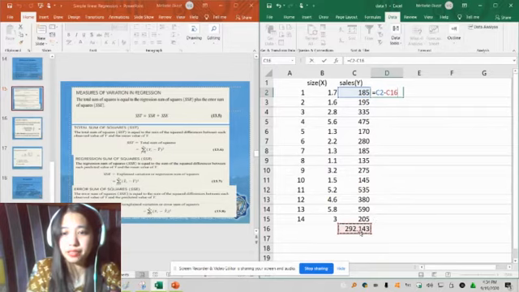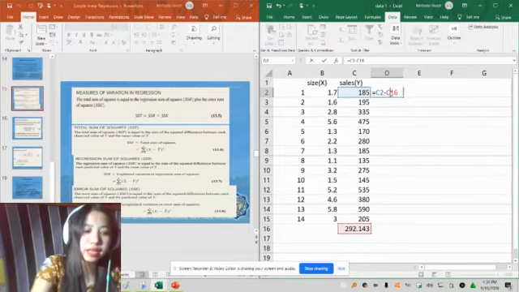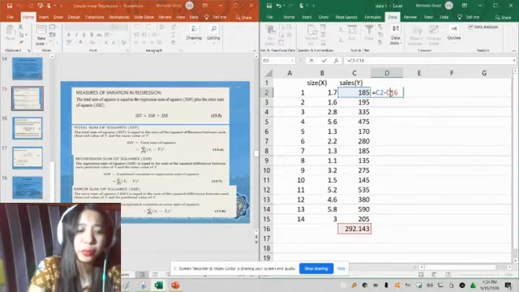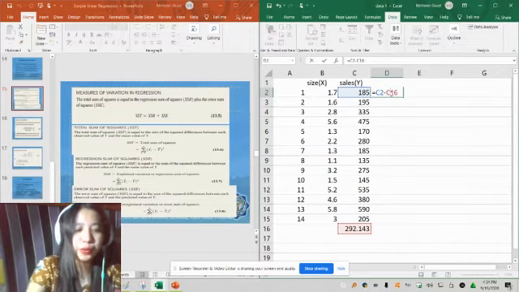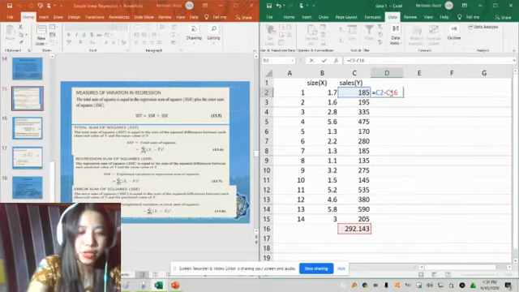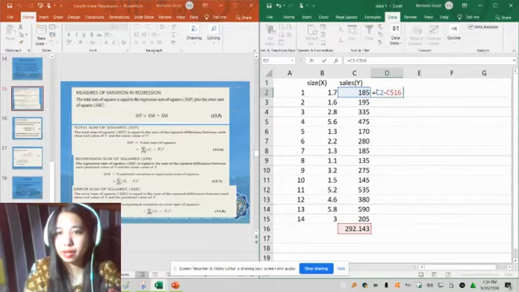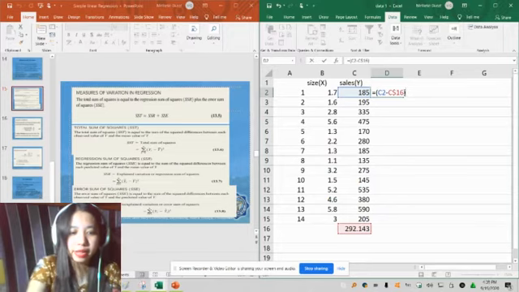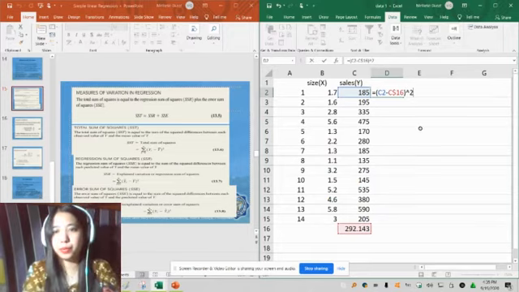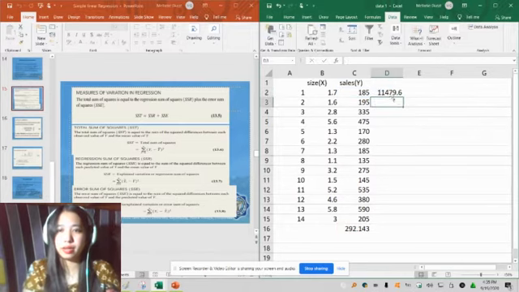However, since we have a constant value, 4292.143, our mean, then we're going to place a dollar sign here so that we're not going to encode it from time to time as we drag our data. So let's place a dollar sign, close parenthesis, and then caret 2. Enter.